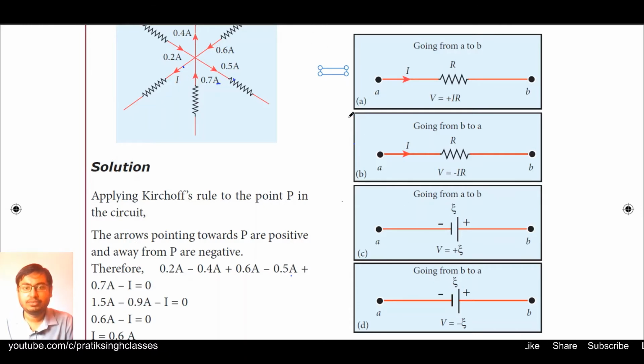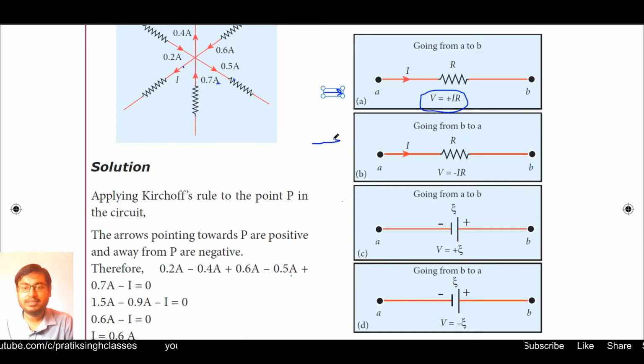As we have seen earlier here, V is equal to plus IR, because here the direction of the loop is from A to B and also the direction of flow of current is from A to B. Because both of them are in the same direction, that is why we have V is equal to plus IR.